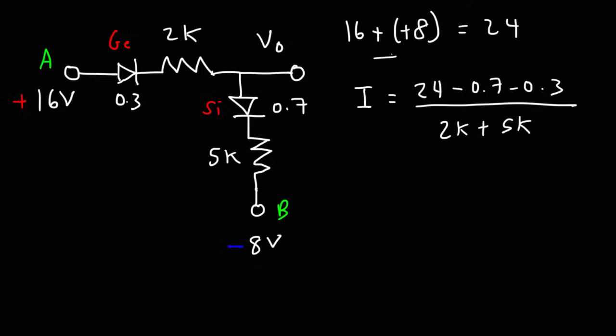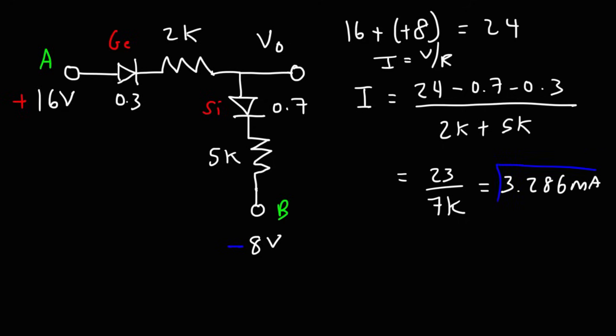Keep in mind, the current is voltage over resistance. So 24 minus 0.7 minus 0.3 is 23, and we divide 23 volts by 7K. The current flowing in the circuit is 3.286 milliamps.